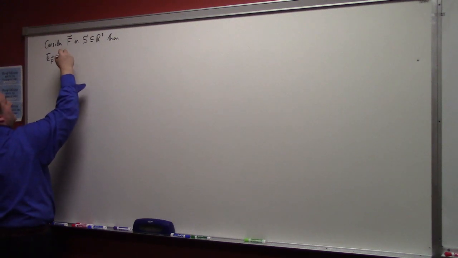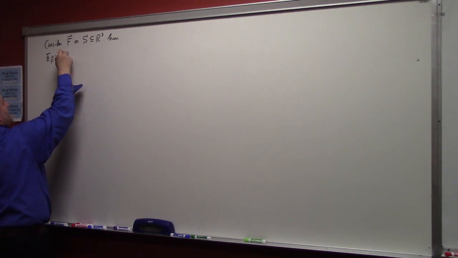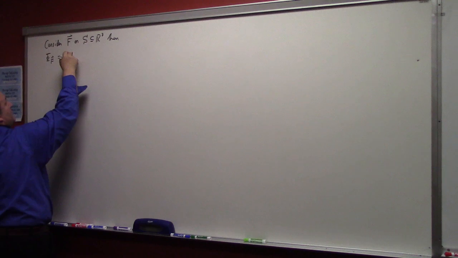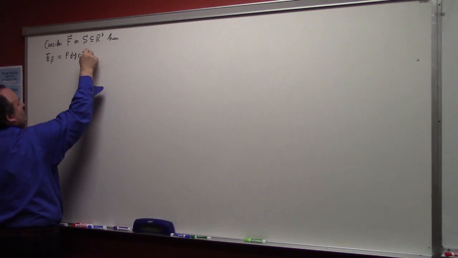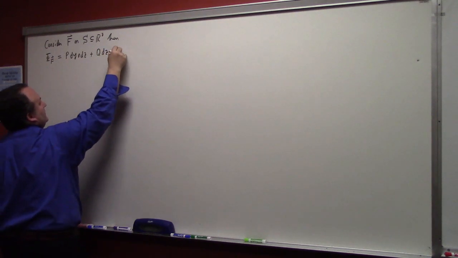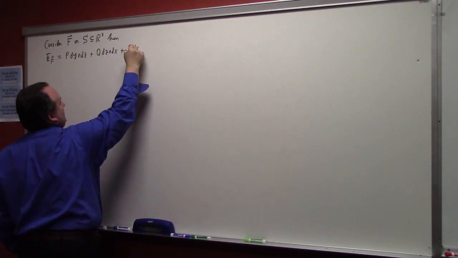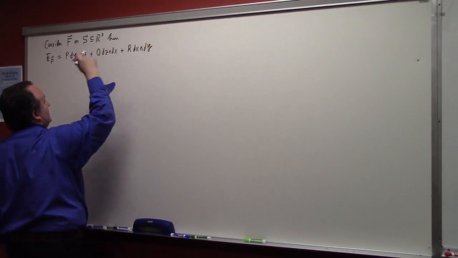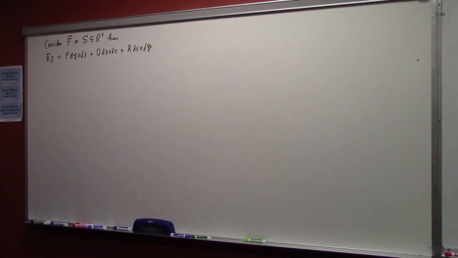If we use the usual PQR notation, it's P dy wedge dz plus Q dz wedge dx plus R dx wedge dy, all right? That's the flux form, right?